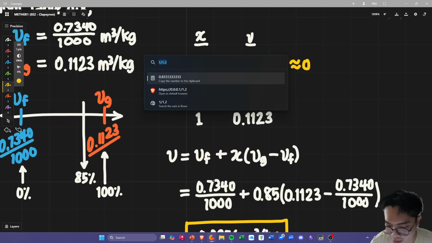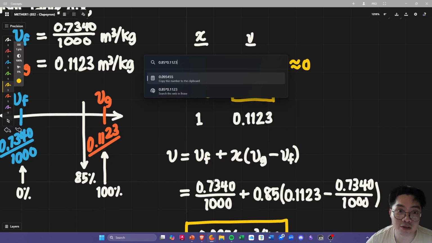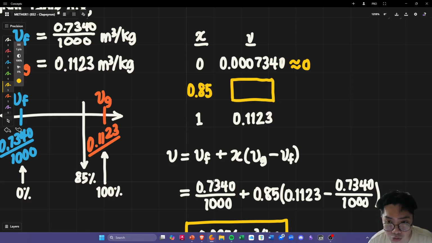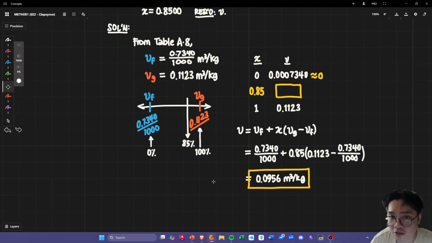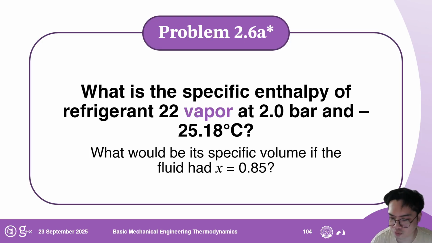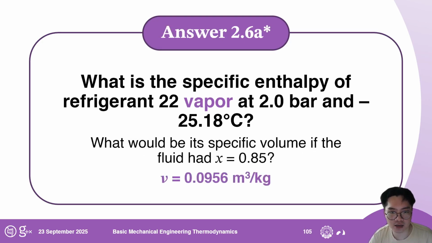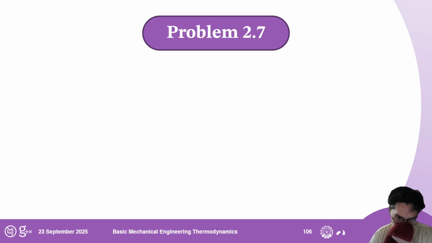This hurts. 0.85 times 0.1123 will give you 0.0955, which is still quite close. It's not as close as I would hope, but it is still quite close. That is something you might want to do if you're running out of time. To wrap things up neatly, our answer is 0.0956.